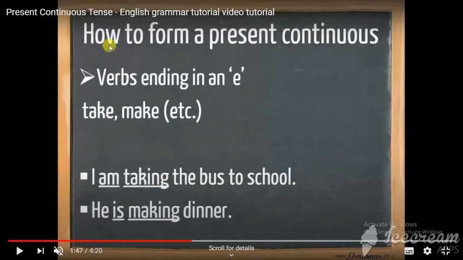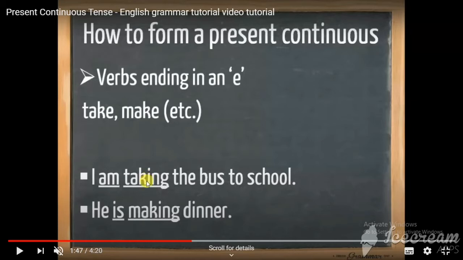Okay, now a quick revision of how to add the ing to the verb. If the verb ends in one E, like take, make, we drop the E, then add ing. Look at the example. I am taking the bus to school. Look at the verb taking.